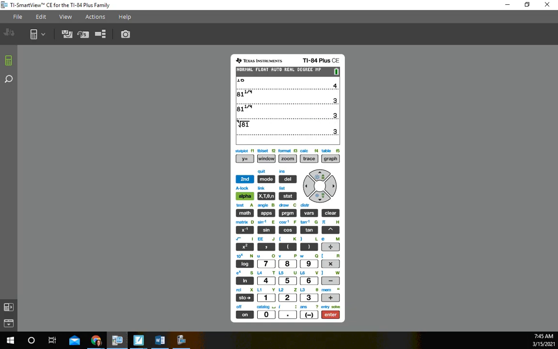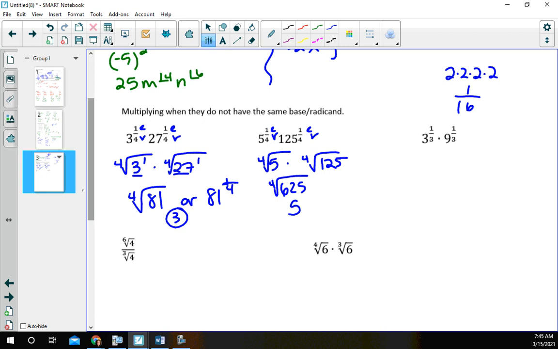So, or 625 to the 1/4, so 5. Okay, so if you want to pause the video and try the next sets here that are a little bit different, go ahead and try them. See if you can think of a method. Then the bottom left one's a little bit trickier.